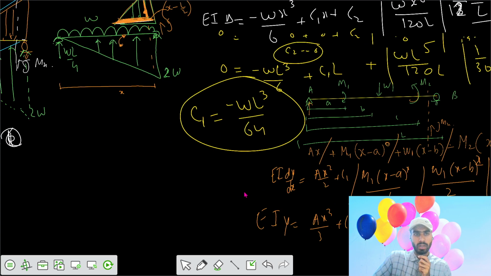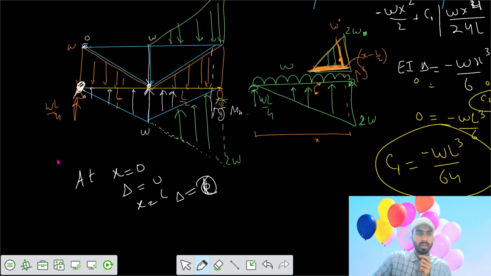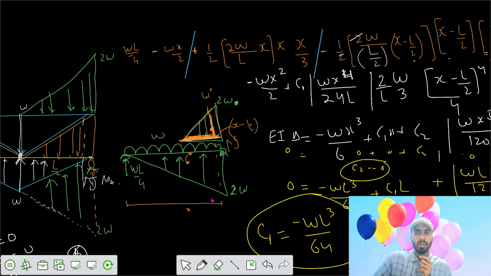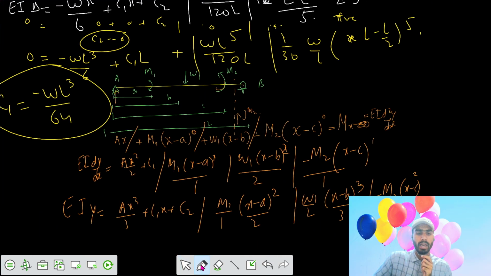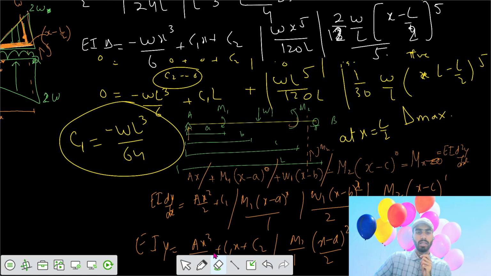Now we want to find delta maximum. From the figure, for this loading, delta maximum would be somewhere at the mid, at L by 2. So apply the condition that at x equals L by 2, we have delta maximum. Then substitute the value of x in this equation.